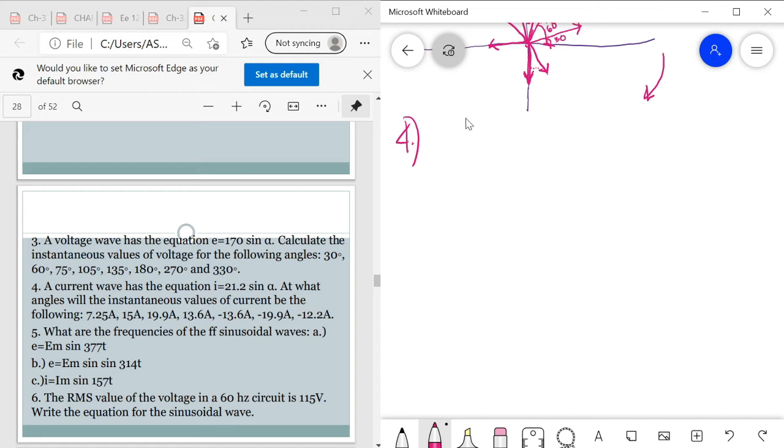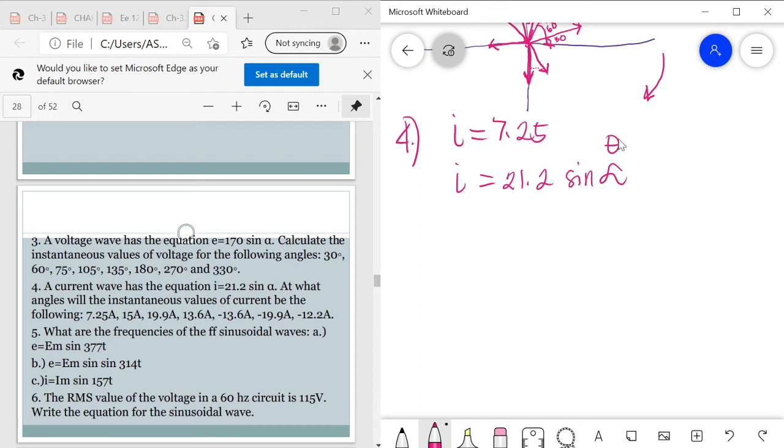So let's try 7.25 amperes. Our instantaneous value here is 7.25. Our equation is 21.2 sine alpha or theta, depending on what you want to use.